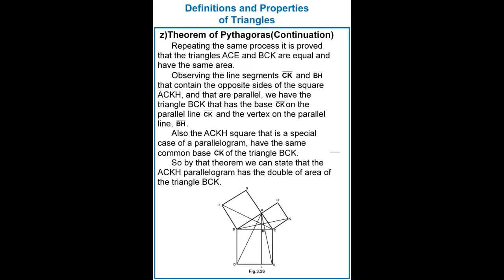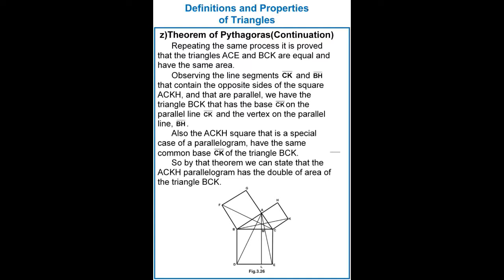In this new slide, the same process is repeated, and it shows that the triangles ACE and BCK are equal and have equal areas. The observation that the straight line segments CK and BH are on opposite sides of the square ACKH results in them being parallel.